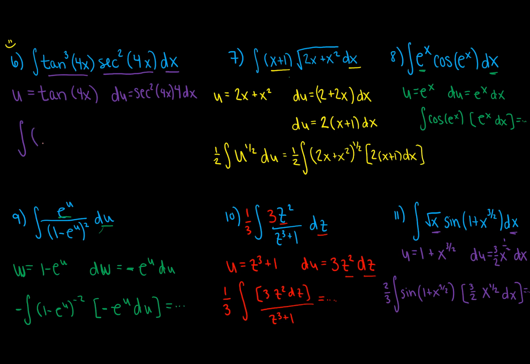So this thing here, think of this as my, I'm going to write it with parentheses, my u cubed, and then here's my du. These are all the pieces I have. Notice I don't have that 4, but I can compensate for a 4. And then I go ahead and take the integral from there.